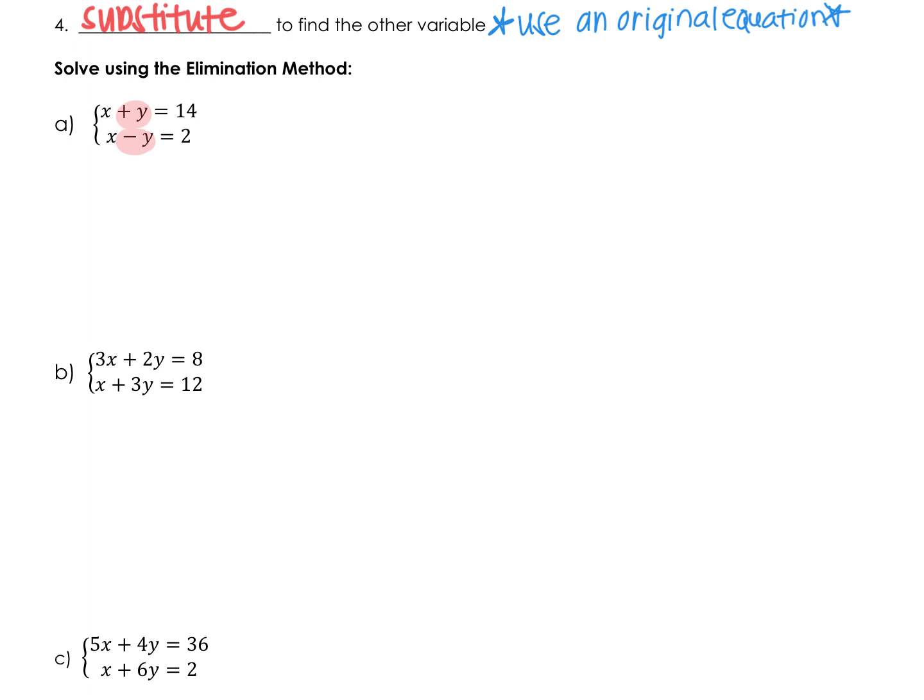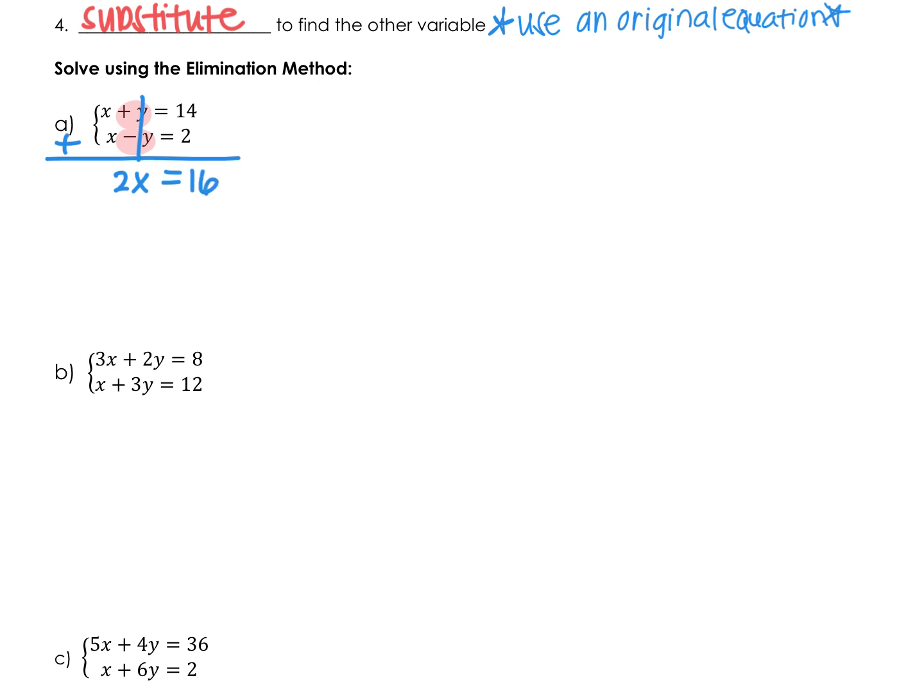So seeing that, we are going to cancel the y's. So what we're going to do is we're going to basically make this stack of equations look like an addition problem. So 2x equals 16. And so we cancel the y's, we add the x's, so x plus x is 2x. And then we add the numbers, so 14 plus 2 is 16, like that.